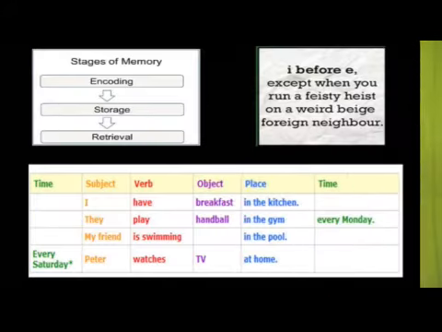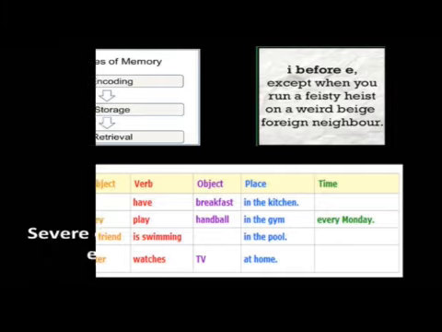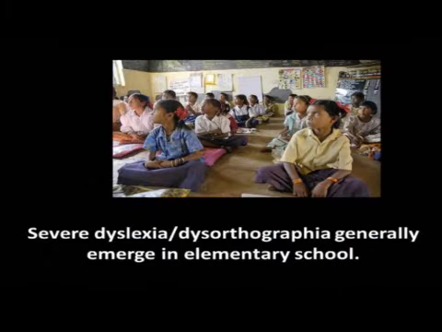The functions required to acquire and use language: attention, memory, concepts of space and time, sequential abilities, reasoning and abstraction skills, etc. Severe dyslexia and dysorthographia generally emerge in elementary school, while less severe forms can go unnoticed for longer and only be discovered later.